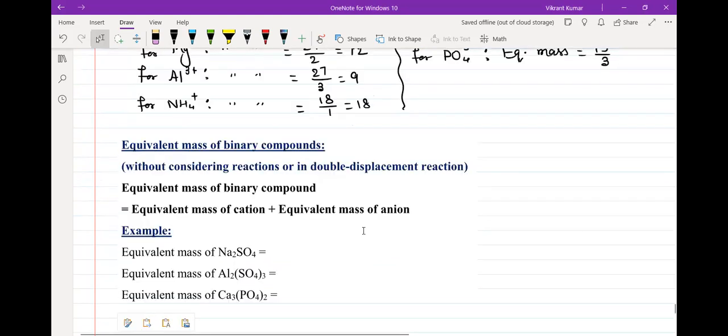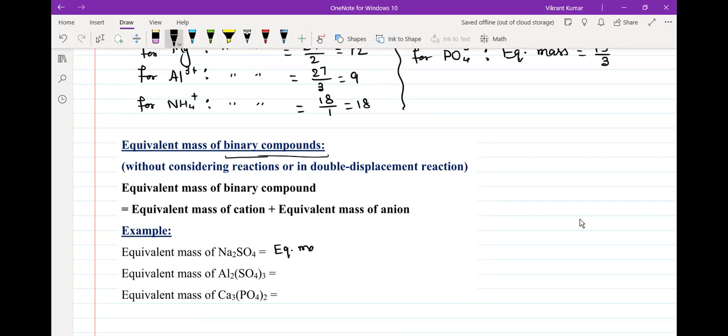It is simply the equivalent mass of cation plus the equivalent mass of anion. Okay. Now, can you tell me the equivalent mass of Na2SO4? What does binary compound mean? A binary compound means you will have one cation and one anion, like a salt. Yeah, like a salt. But sometimes we can also talk about HCl, Mg(OH)2. These are also binary, you know?